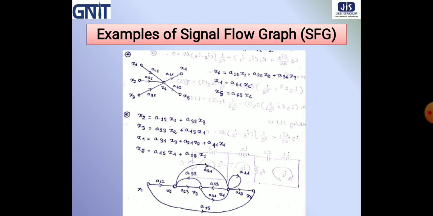Here let us take one example. Here one signal flow graph is given, from where we have to write these three equations.